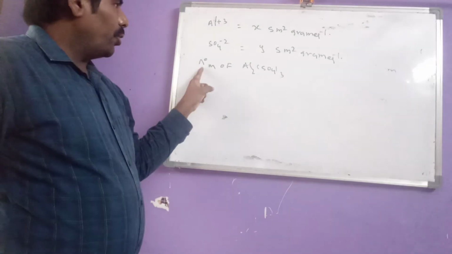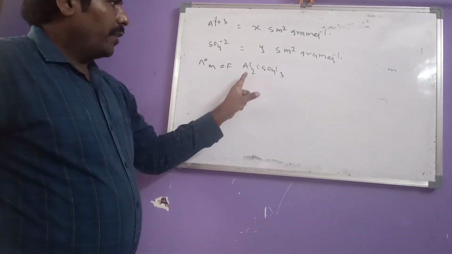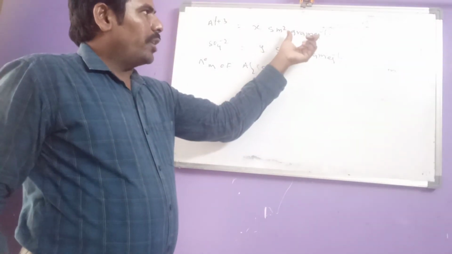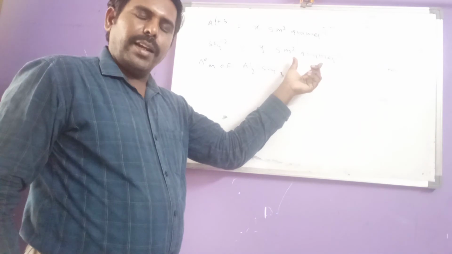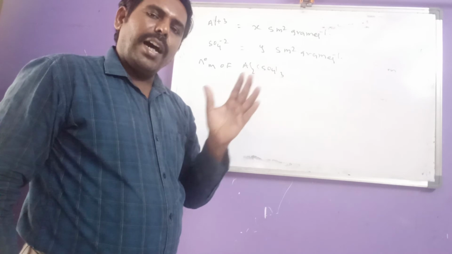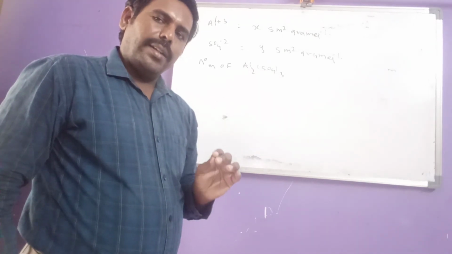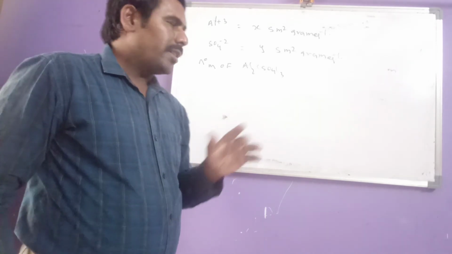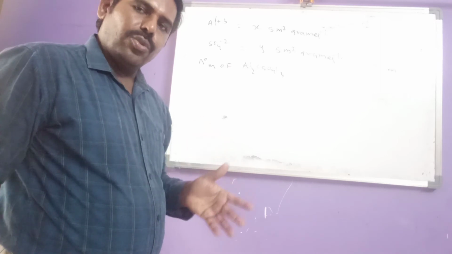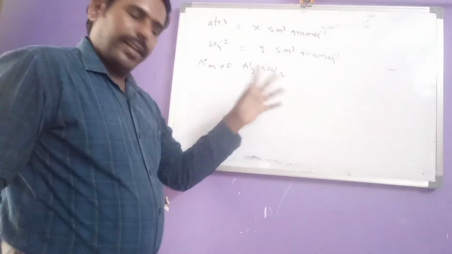But we need to calculate molar conductance at infinite dilution for Al2(SO4)3. So first we should convert these gram equivalent values, that means equivalent conductance values, into normal ionic conductances. After that, those ionic conductances we have to use to get molar conductance of Al2(SO4)3.